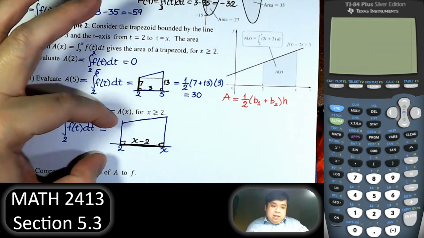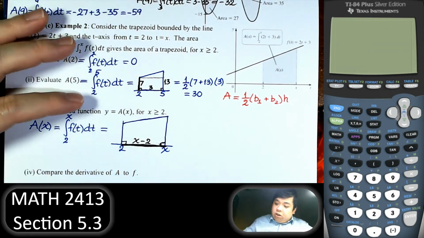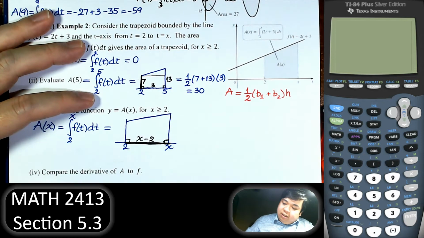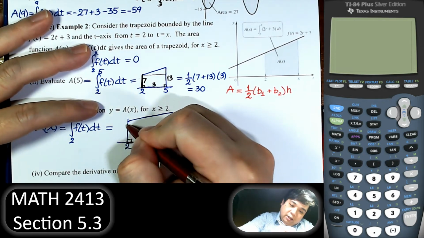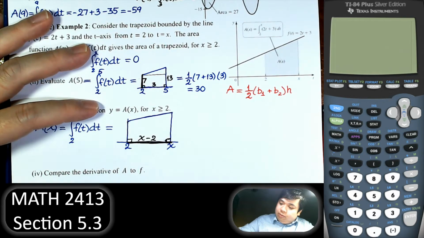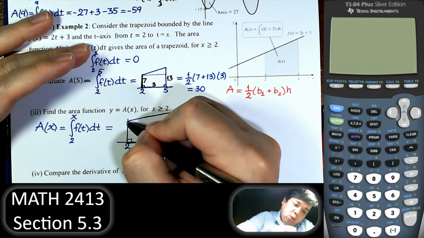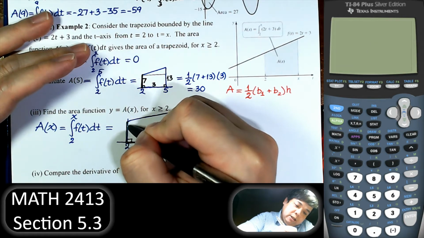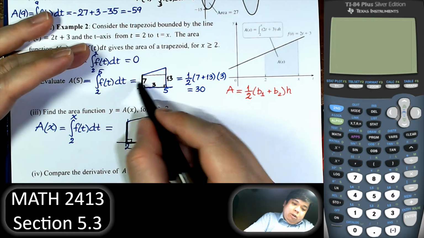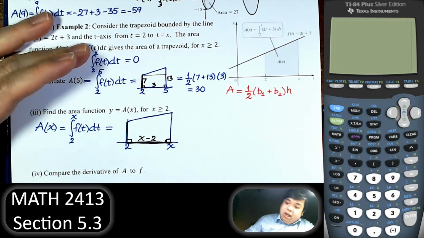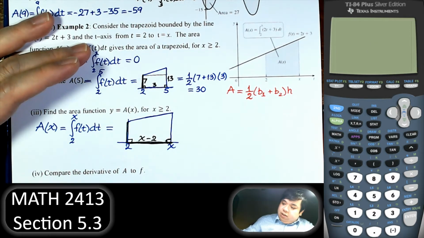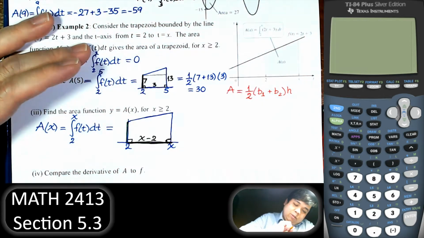Now for a base, when we put 2 in the function, this is still 7. That is one base. Here I'm talking about the area of that trapezoid.